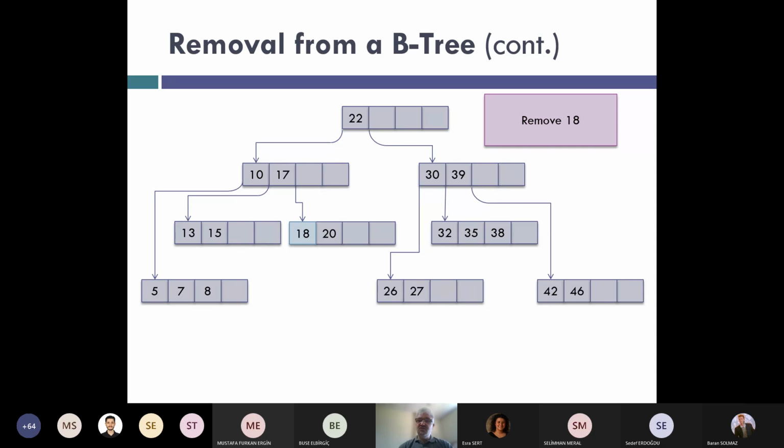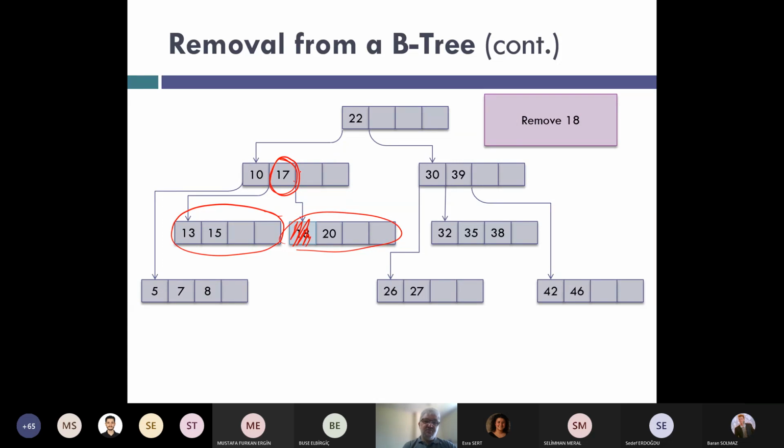If we have to remove 18, 18 is at the left of 20, and when we search here, it is more than the largest, so we have to follow the rightmost link, and we find this leaf. 18 is at a leaf, so we can easily delete this 18, but after deletion, this node becomes less than half full, so we have to perform a merge operation, merge with a sibling, and the value that splits these two nodes.